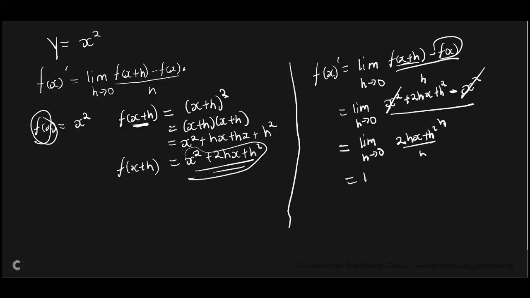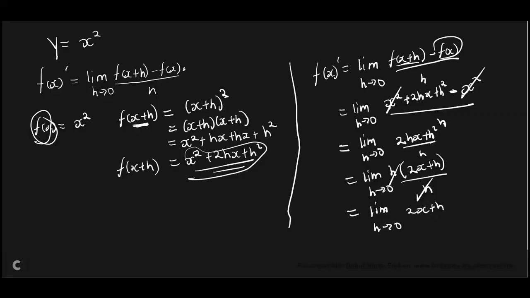Then the next thing that you do is you factor out the h. After factoring out the h, there will be h times 2x plus h over h. Then this h and this h, they will divide. You remain with lim as h approaches 0 of 2x plus h.